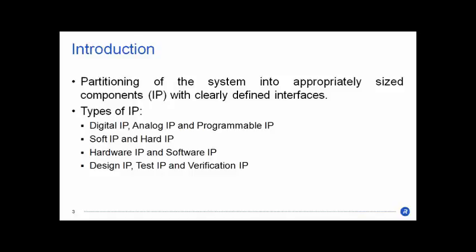And then the programmable IPs, either the custom one or the programmable FPGA one. Soft IPs, mainly the RTL ones, written at a very high abstraction level. And then you have the hard IPs. They are a kind of fixed layout and highly optimized for a particular given process. Like hardware IP, software IP, design IPs, test IPs, and verification IPs.